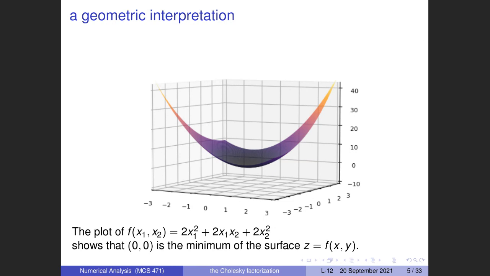So you definitely see that if you go in certain directions, the height of the surface will rise faster than in other directions. But the point is that the positive semi-definite matrix corresponds to a surface where there is a unique minimum.